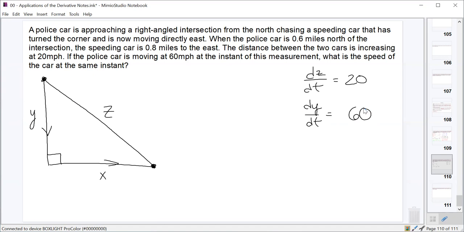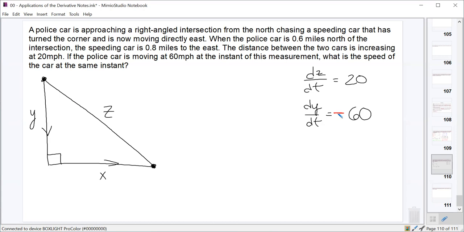Right? This distance between where the police car started and the intersection, as that police car moves down to here and then to here and then to here, let's say, that value of y is decreasing, which means that the rate of change of y has to be negative. So it's very important that we make sure that's a negative 60 for dy/dt.